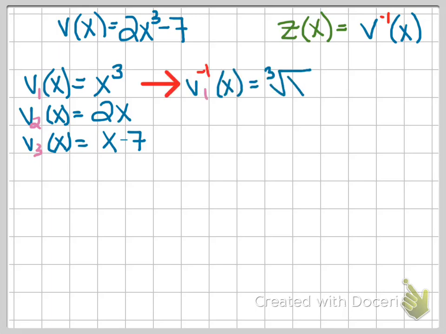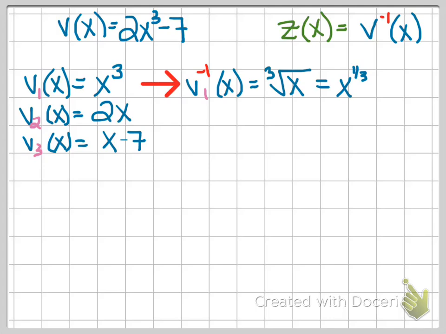The first inverse would be inverting a cube. How do I invert a cube? Well, I take a cube root. I can write it with a radical notation, or I can write it as a rational in my exponent. I'm going to write it as a rational in the exponent, but I wanted you to see both ways.